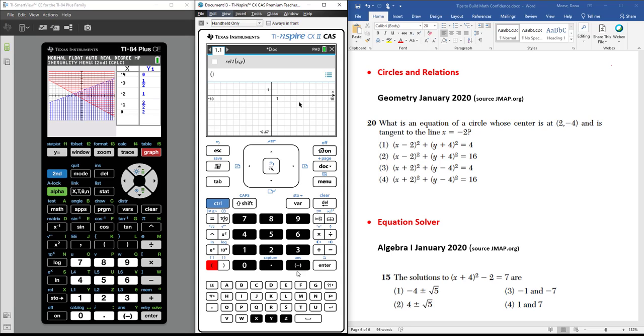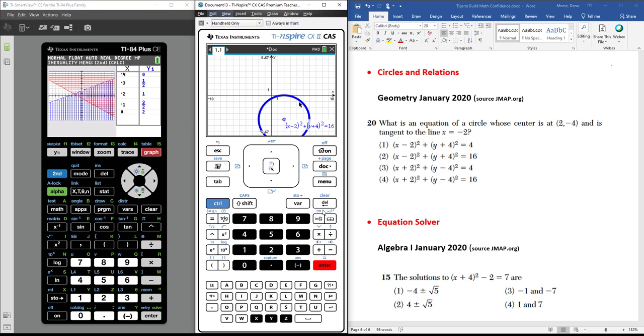So I'm going to go with answer 2. I'll go with x minus 2 quantity squared plus, open parentheses, y plus 4, close parentheses, quantity squared, and I'll set it equal to 16.